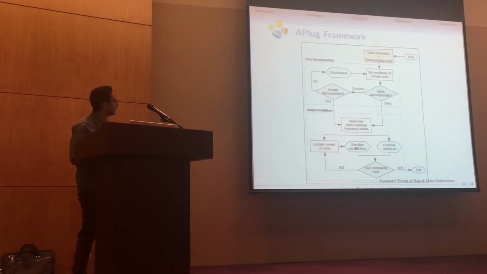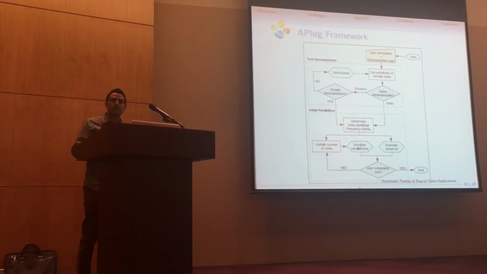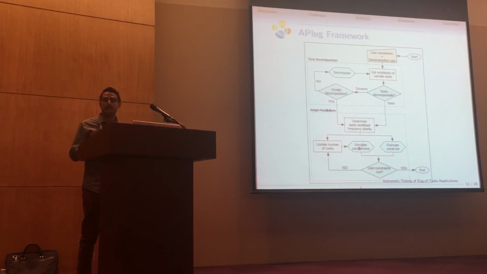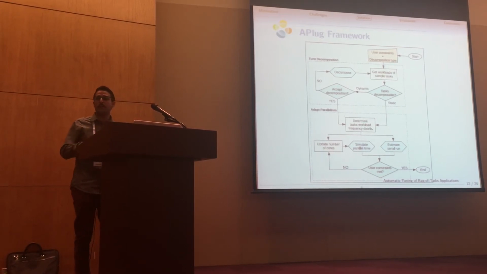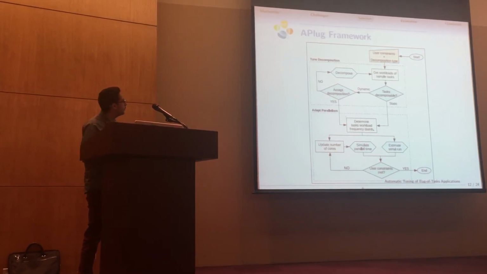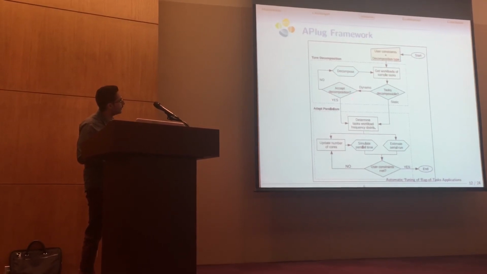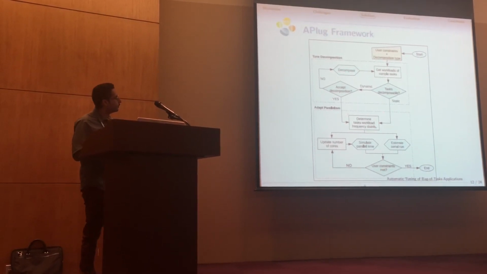First, in the first cycle here, you want to tune your decomposition by sampling tasks of different decompositions and modeling the gamma frequency distribution of these tasks. Once you get the frequency distribution that you're targeting, you can stop this cycle because you got the right decomposition, and you go for adapting your parallelism.